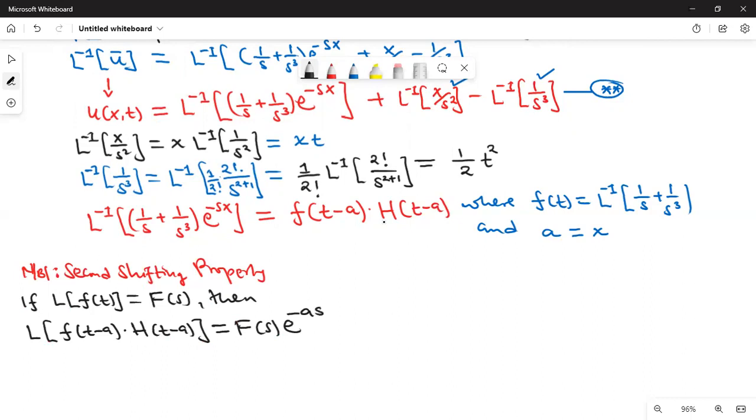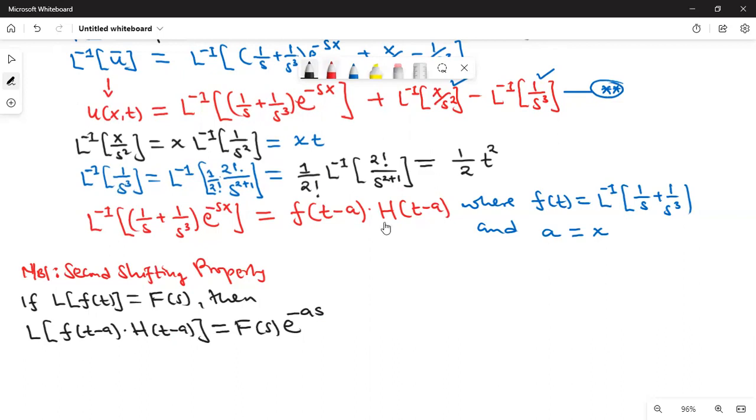This is called the second shifting property of Laplace transform, and that is what I'm using to find the inverse. Because when I take the inverse on both sides, I get f of t minus a times h of t minus a is equal to L inverse of F of s times exponential negative a s.